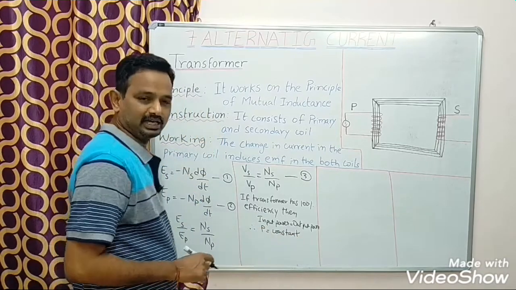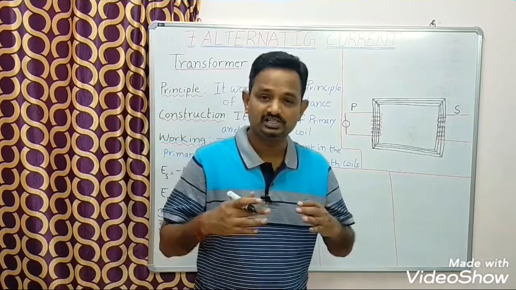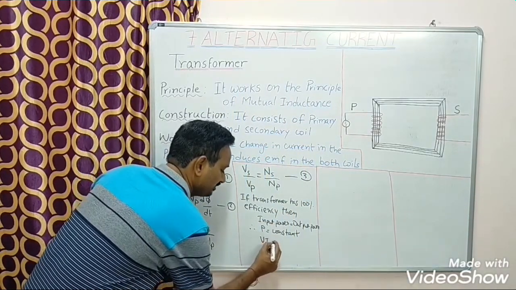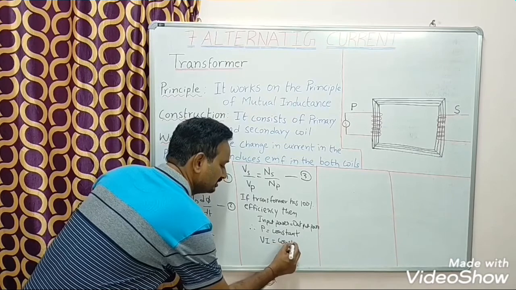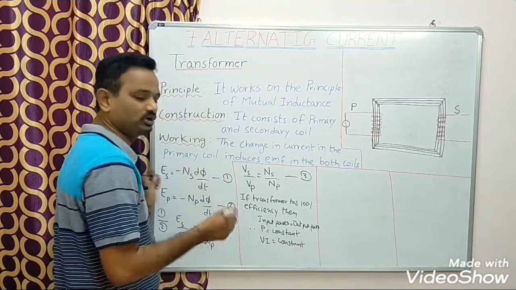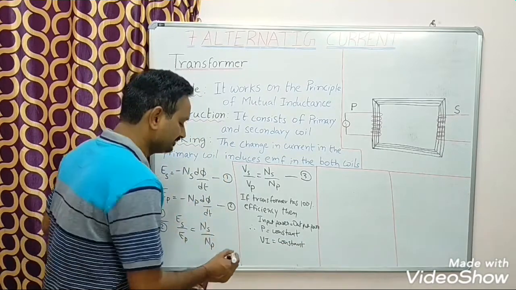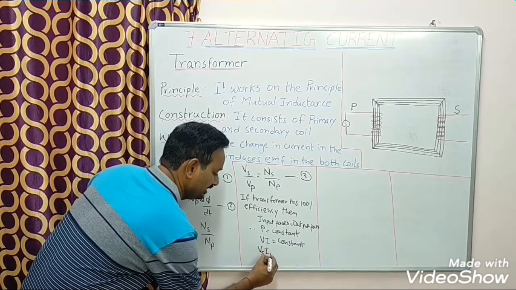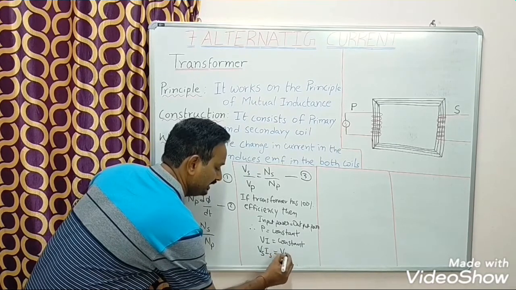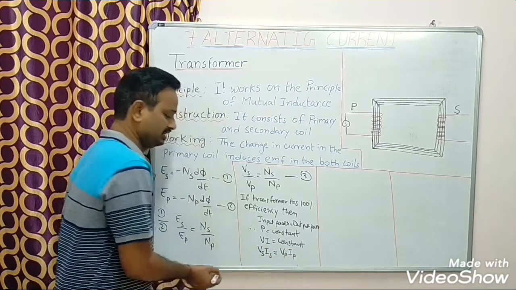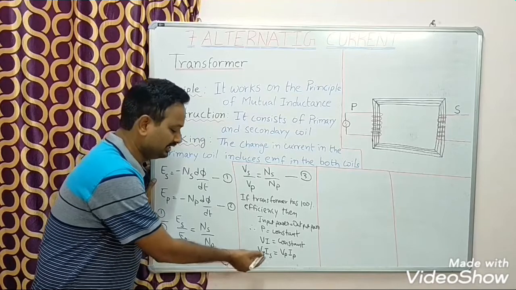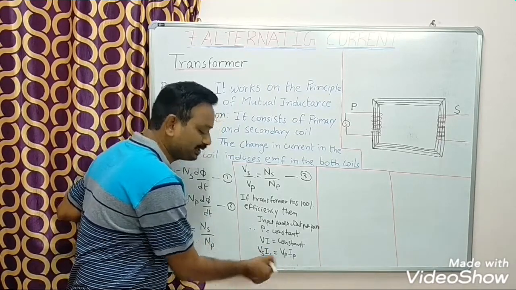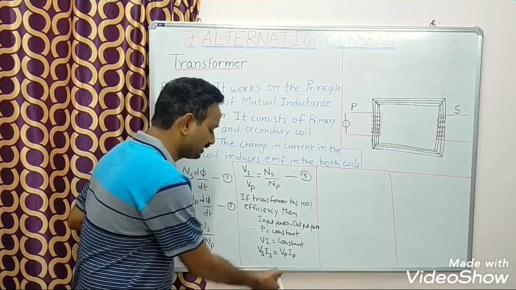Instead of P, I can write in terms of voltage and current, that is V into I is equal to constant. V into I equal to constant means I can write Vs into Is is equal to Vp into Ip, that is voltage in secondary coil into current in secondary coil equal to voltage in primary coil into current in primary coil.